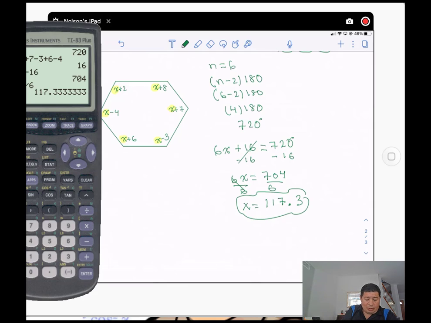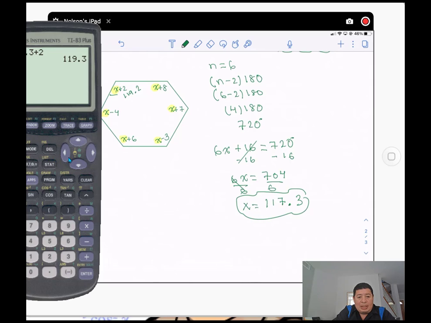So let's go ahead and start with x plus 2. So we already know that x is going to be 117.3. Let's go ahead and add 2 to it. And so we end up with this angle being 119.3.